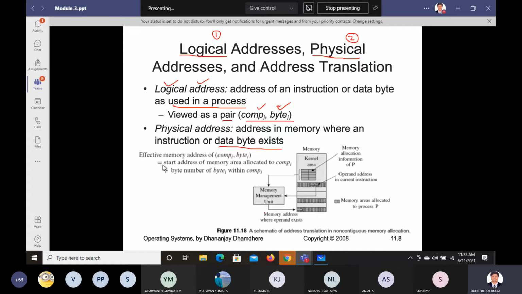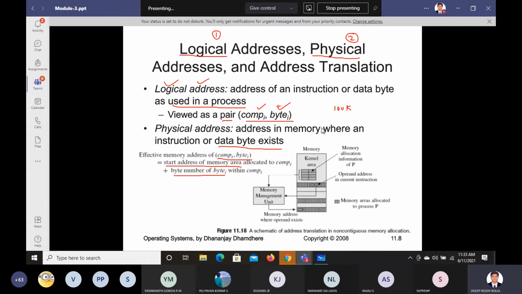Let us say you want to find the effective address here. How do you find it? This will be the starting address of the memory area and the byte number within it. This is your COMP, right? COMP means the starting address, where it starts, let us say around 10K. And what about the byte?